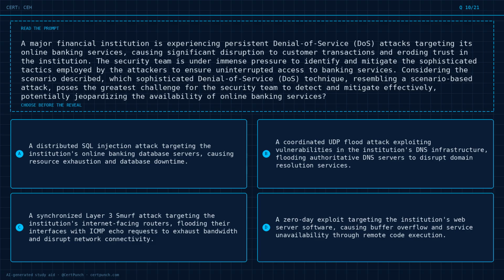Option C. A synchronized Layer 3 Smurf attack targeting the institution's internet-facing routers, flooding their interfaces with ICMP echo requests to exhaust bandwidth and disrupt network connectivity. Option D. A zero-day exploit targeting the institution's web server software, causing buffer overflow and service unavailability through remote code execution. Choose the best answer before the reveal. Commit to it now.